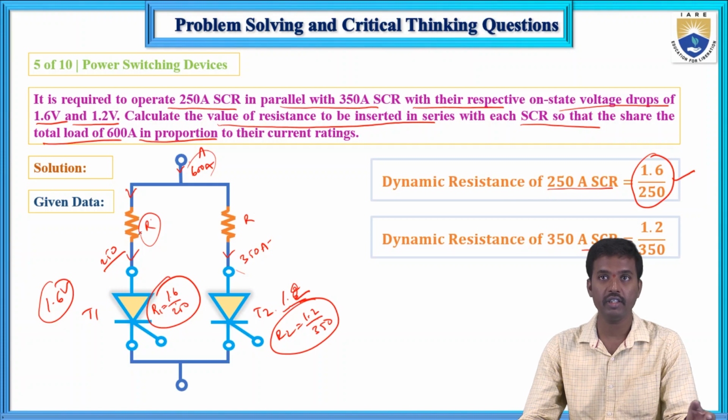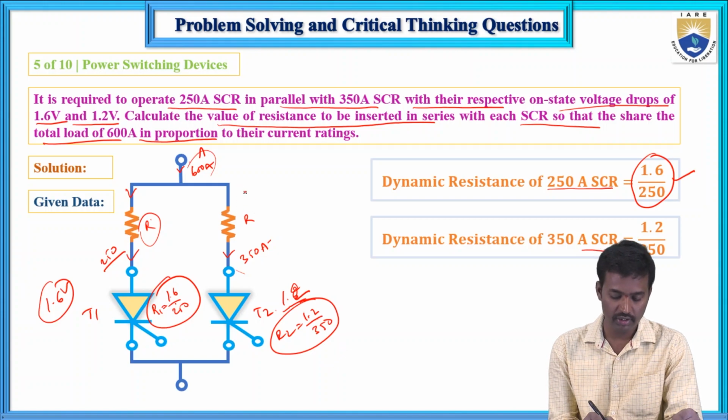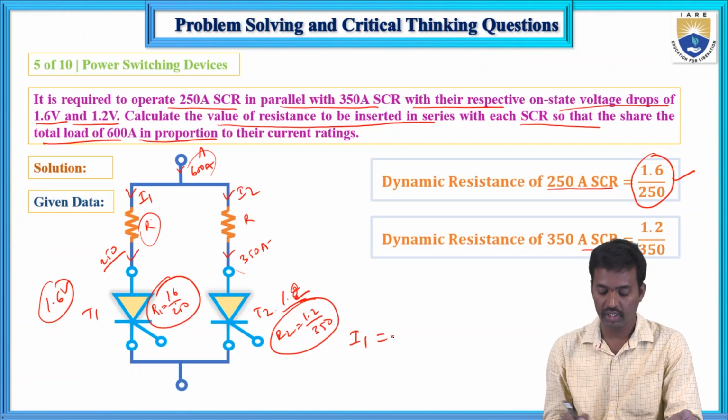So how will you calculate? The same current division formula. The first branch current I1 equals 250 amps.